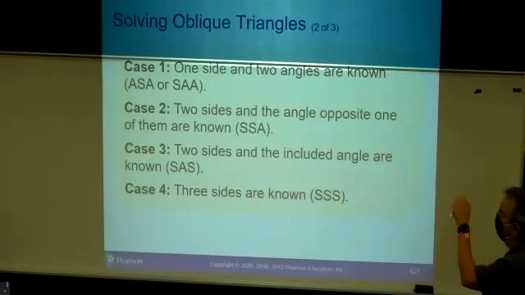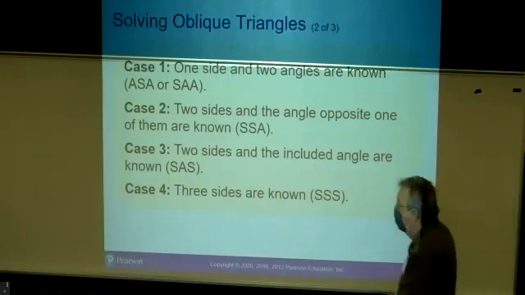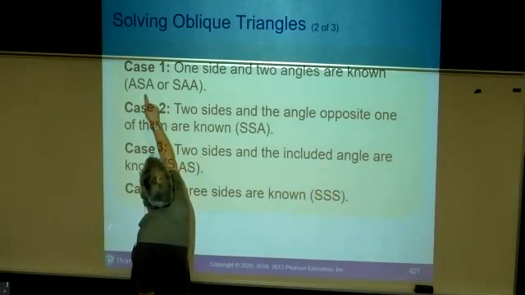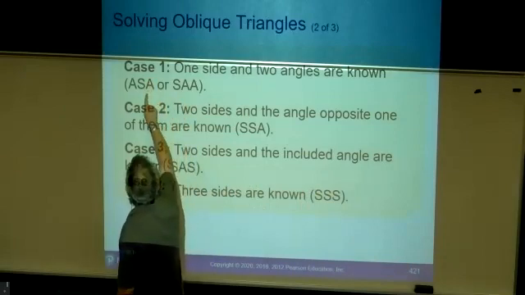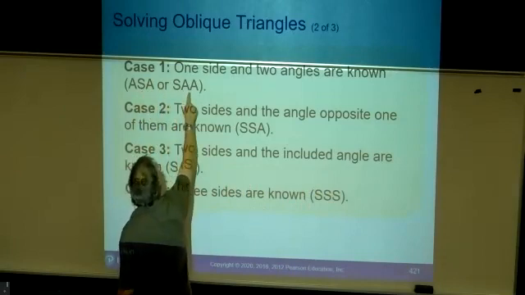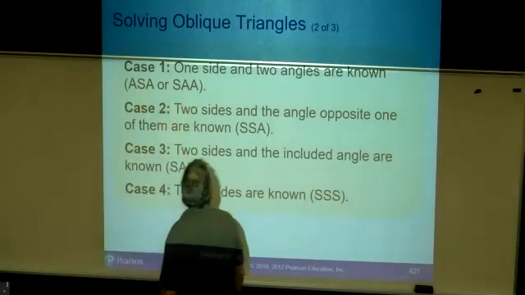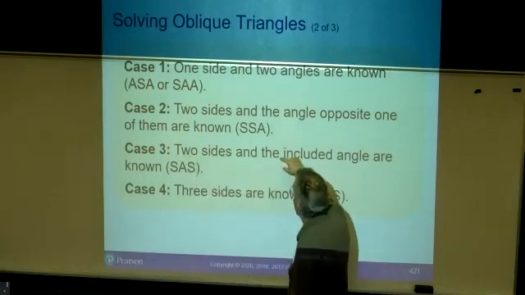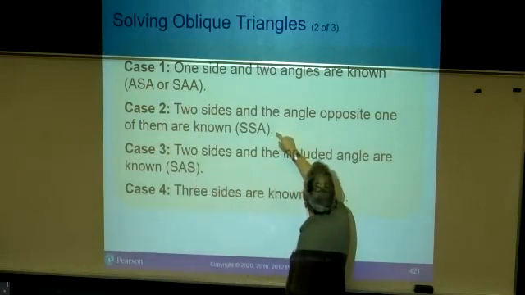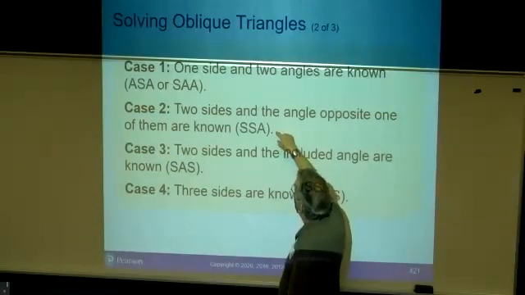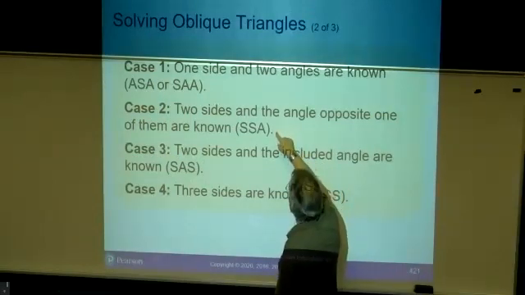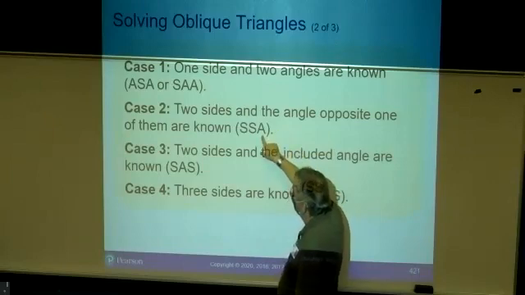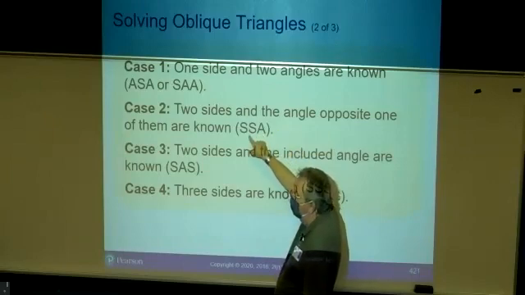Case one: one side and two angles are known. Inside that case you have two cases, where the side is included between the two angles and where it is not. Then you know two sides and an angle, where the angle is not included between the two sides.